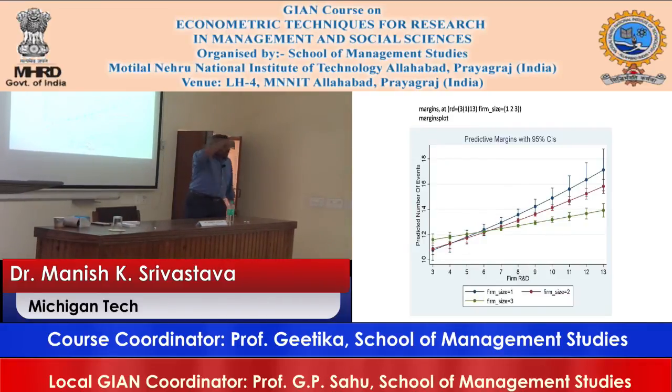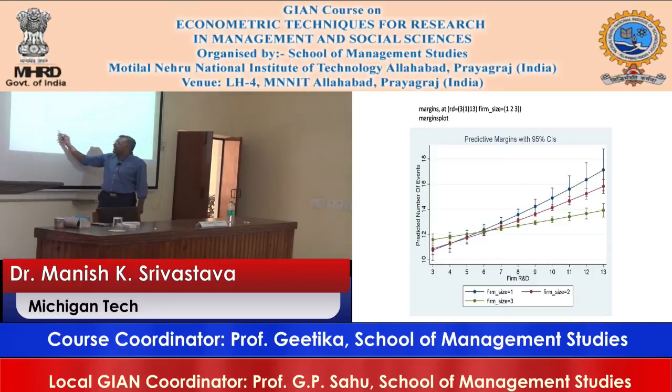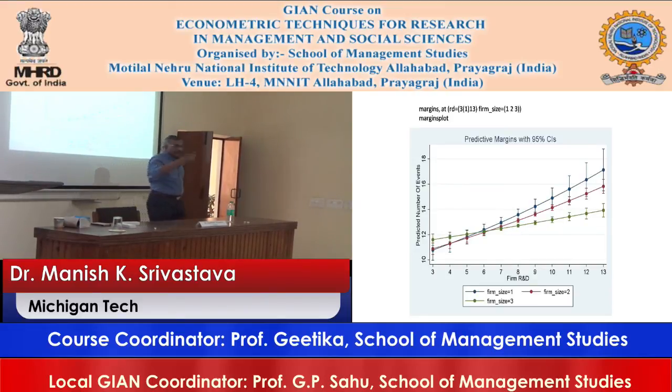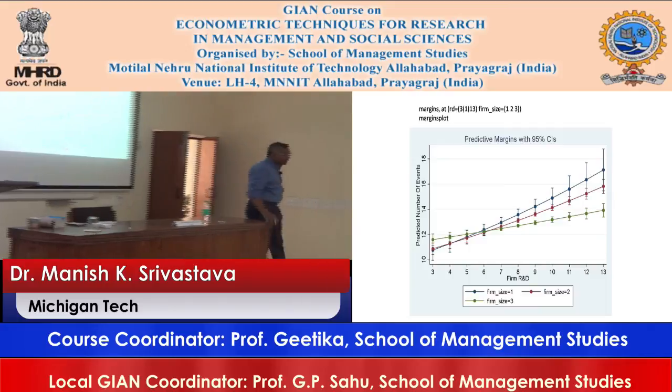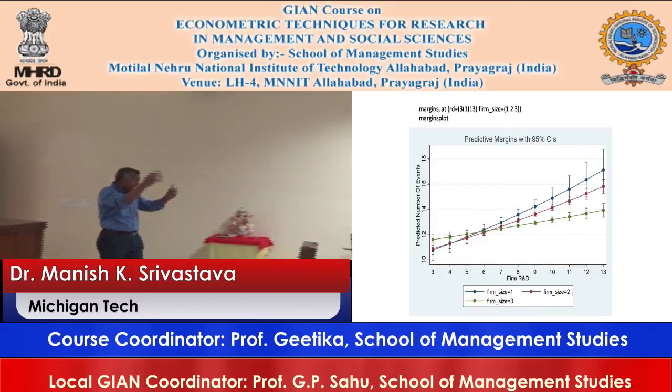What does it mean? You have to write it in terms of interpreting and communicating the information: when the firm R&D expenditure is on the lower side, in the range from 3 to 6 or 7 in this unit, there is no significant difference among the firm sizes, and none is getting a better benefit.